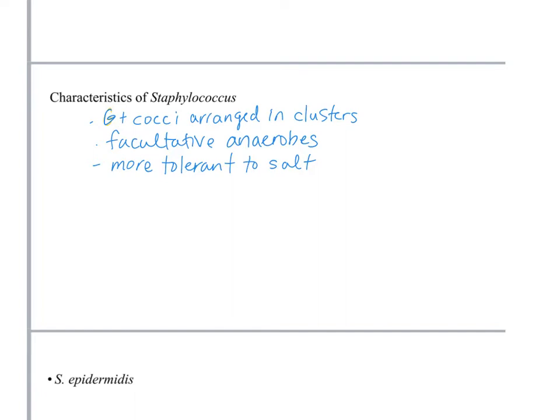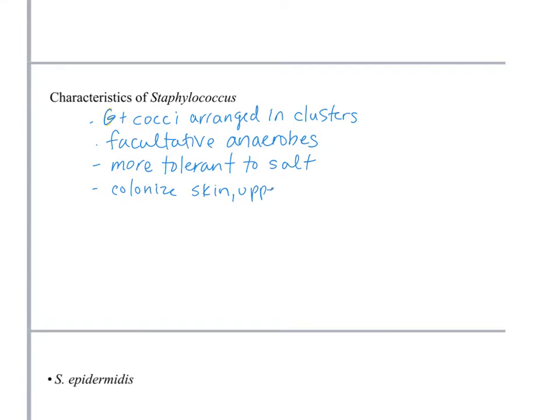And that makes sense. These are organisms that are typically going to colonize our skin. Our skin can be kind of a salty place when we sweat, so it makes sense that they can tolerate that.